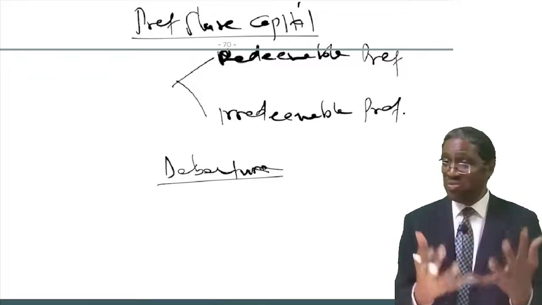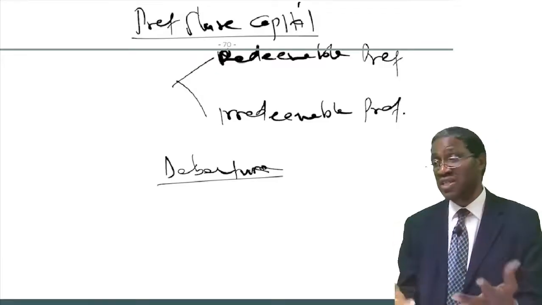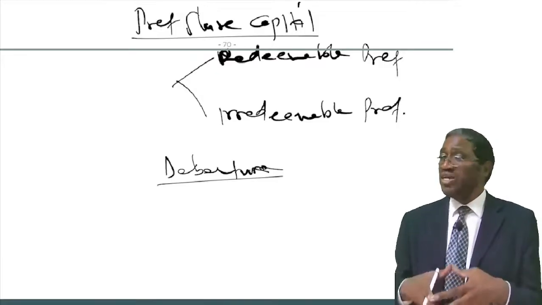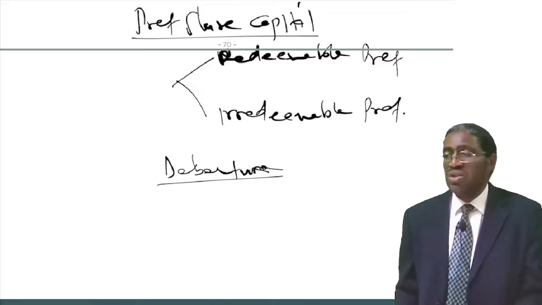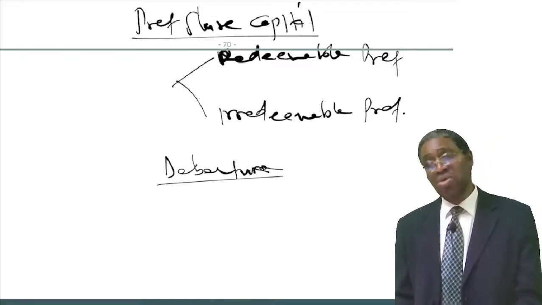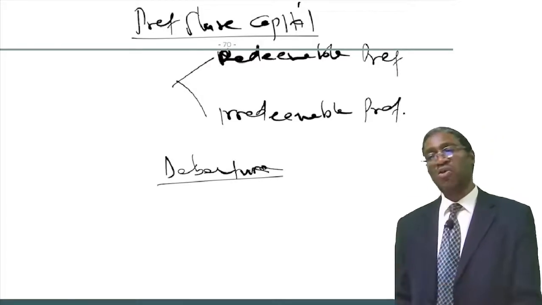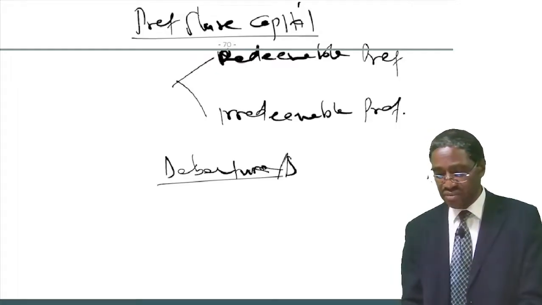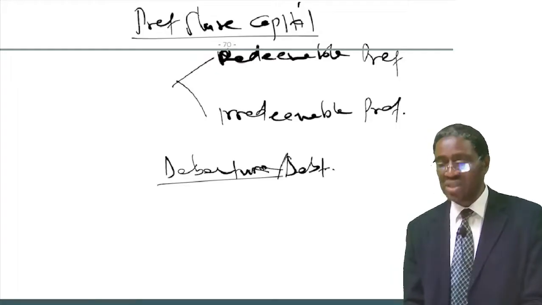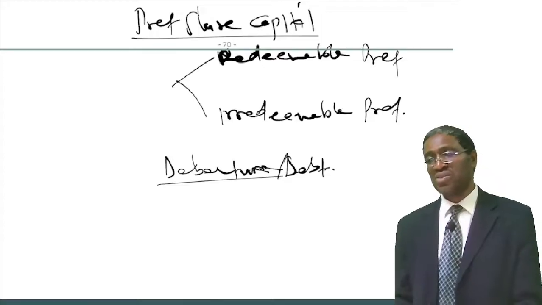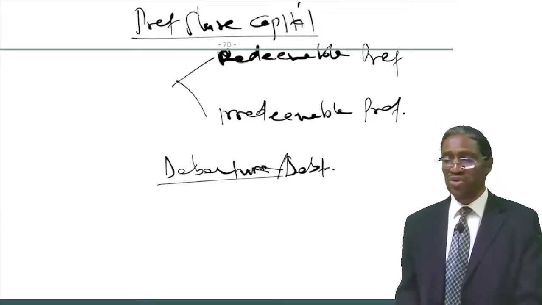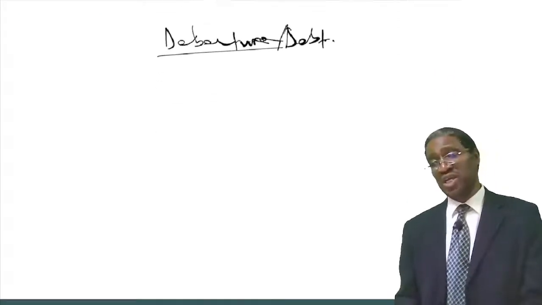You can issue debentures which are to be redeemed after 10 years, or you may issue debentures which are non-redeemable or irredeemable. How to compute the cost of those debentures or debt, that's something we shall discuss in our next lesson. Maybe we can stop there for today. We pick it up from there next time.